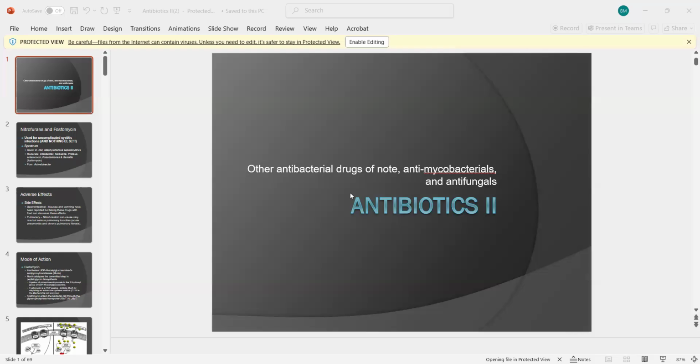Streptogramins, these are a combination of two drugs, quinupristin, dalfopristin. This particular drug combo is designed to hit MRSA and vancomycin-resistant enterococci, and it's very good against those particular organisms. So we have this project.